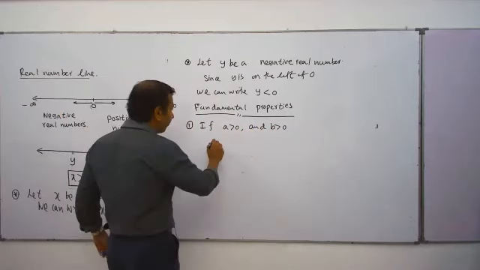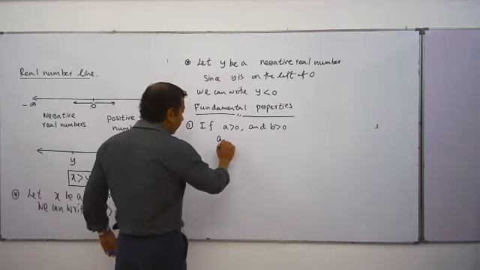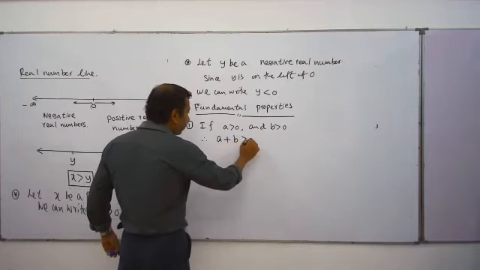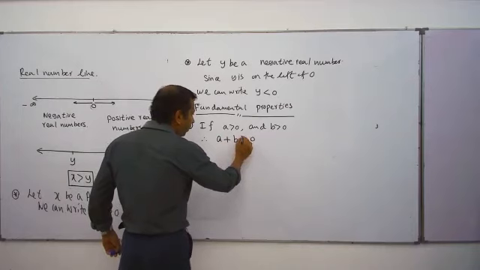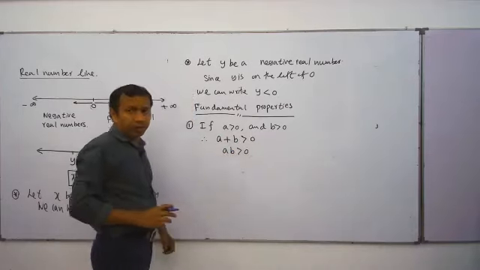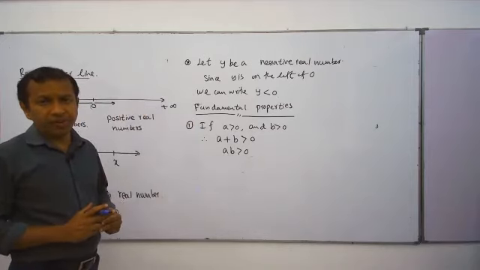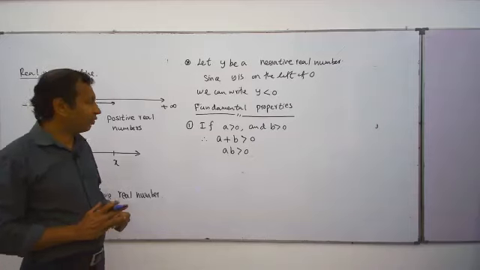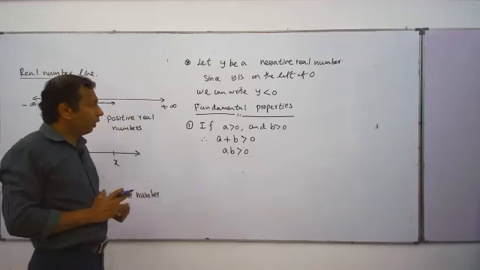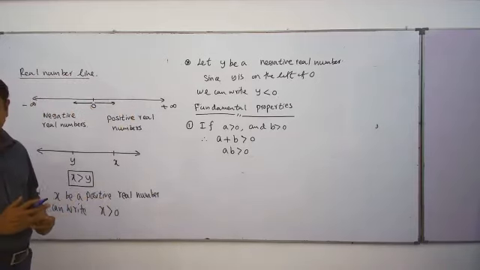Therefore, A plus B, the sum, is positive. The product AB is also positive. Take A as 4, B as 10: 4 plus 10 is 14, the sum is positive. Multiply 4 and 10, 40, also positive. So the first one is: if A positive and B positive, A plus B positive, and AB product also positive.